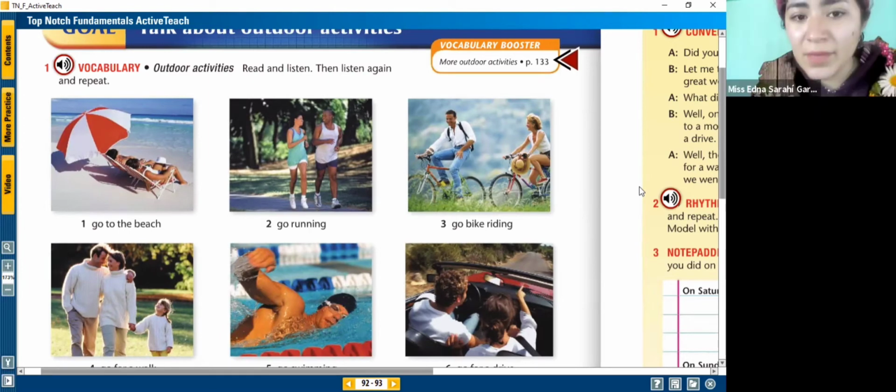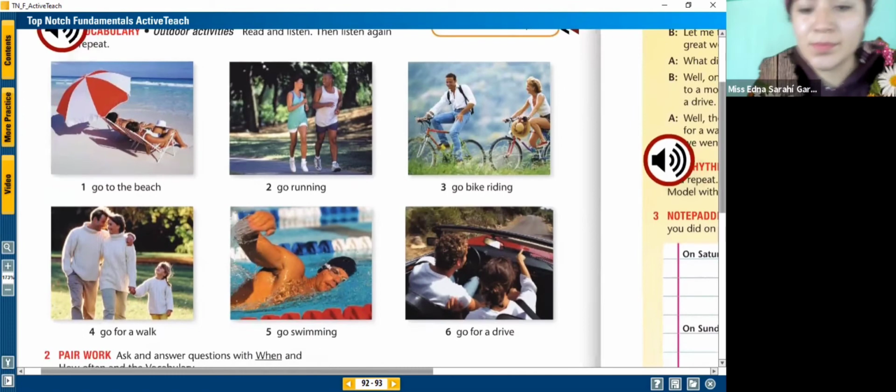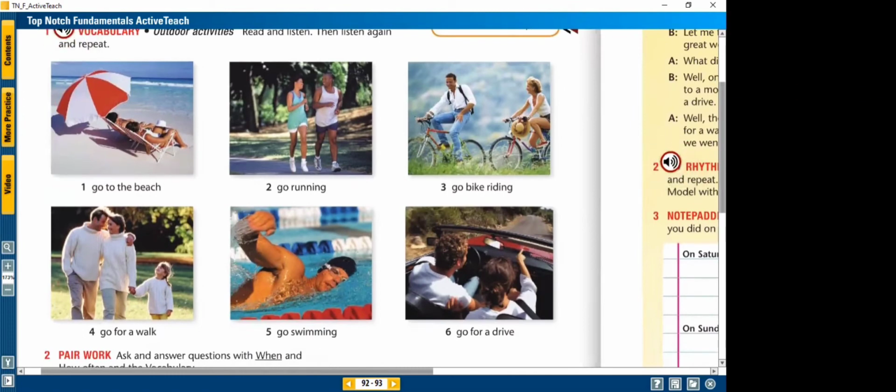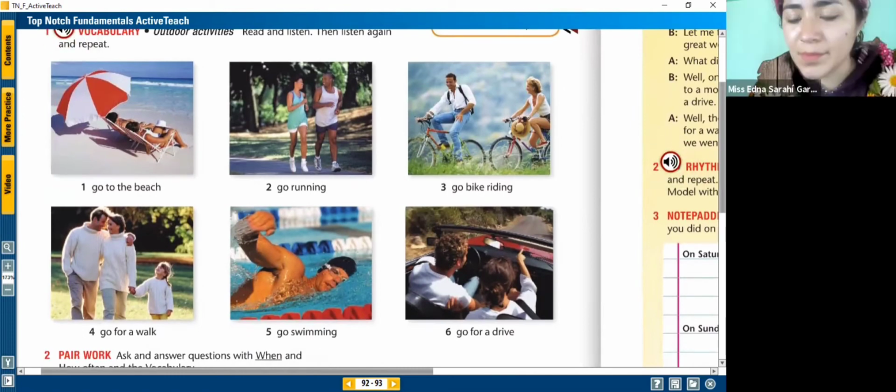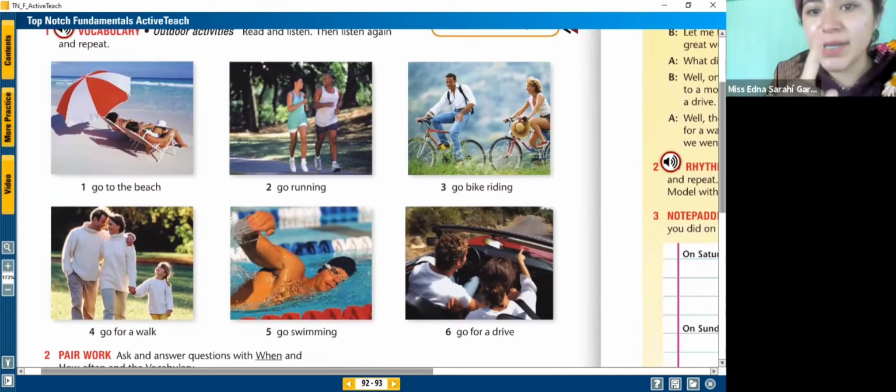Okay, I often go running. Lilian, how often do you go bike riding? I go riding sometimes. I sometimes go bike riding.